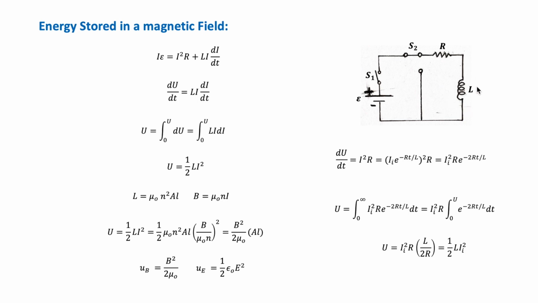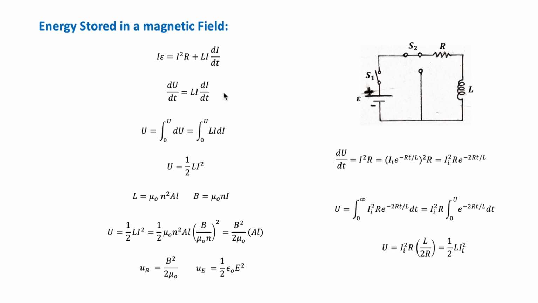So multiplying Kirchhoff's equation by I, we get this equation. So the rate at which energy is supplied by the battery, IE, is equal to the rate at which energy is delivered to the resistor, I squared R, plus the rate at which energy is delivered to the inductor, L I di over dt.